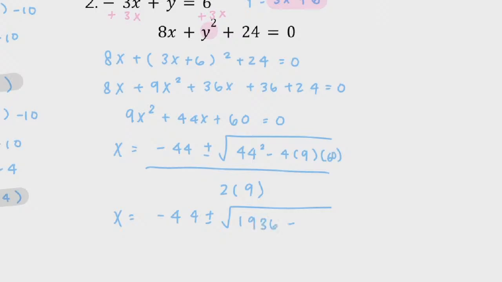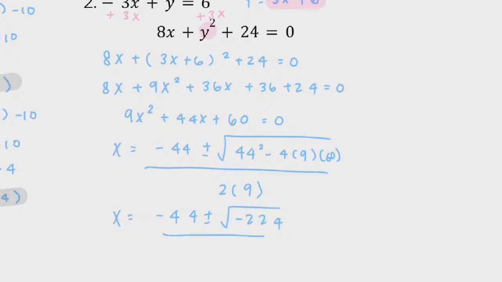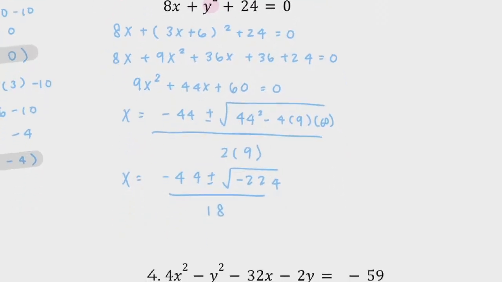Oh, oops, this is 60. Wait, hold on. Okay, never mind. It is no solution. So inside the square root ends up being negative 224. And since this is negative, this is going to be no solution. So again, we won't be dealing with any imaginary numbers.